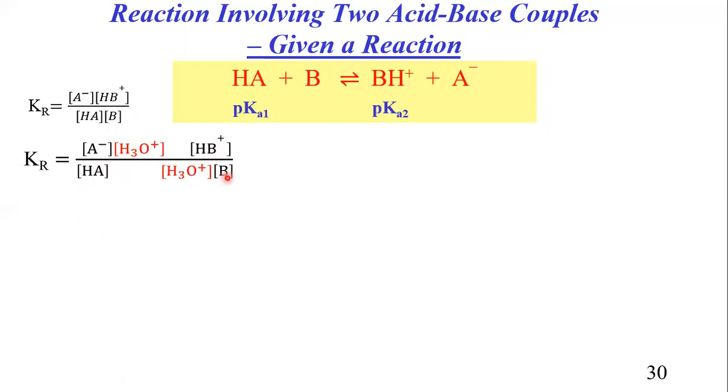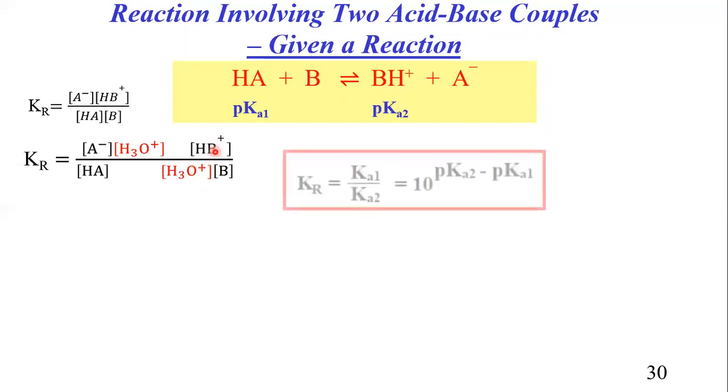BH3O+ times B and HB+. Well, if you flip it, that's actually going to be the Ka of HB+, or rather 1 divided by the Ka of the HB+.